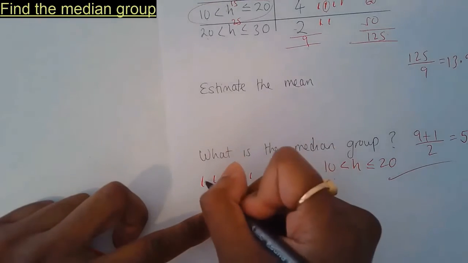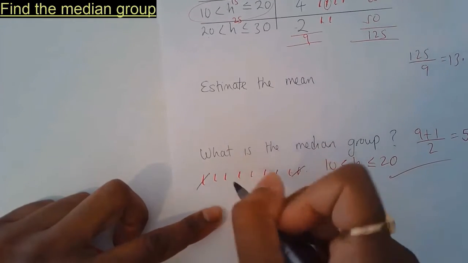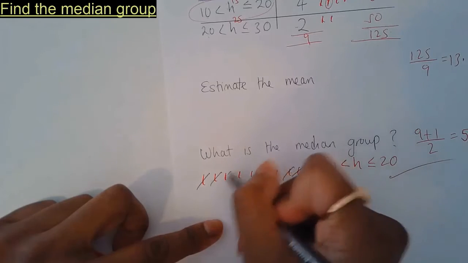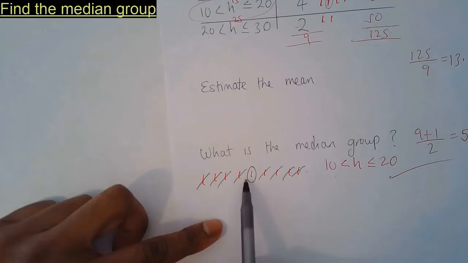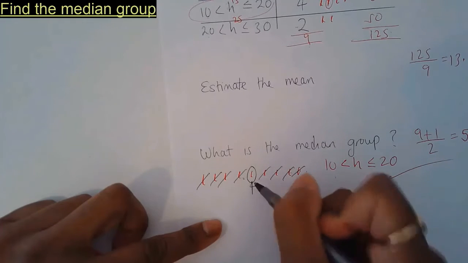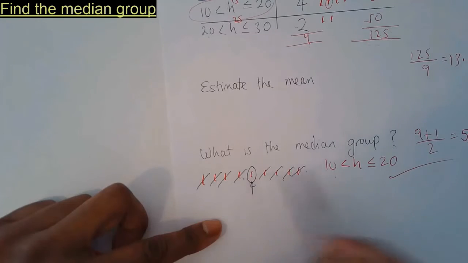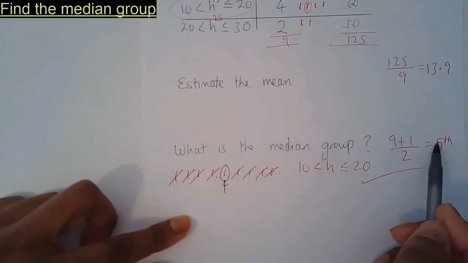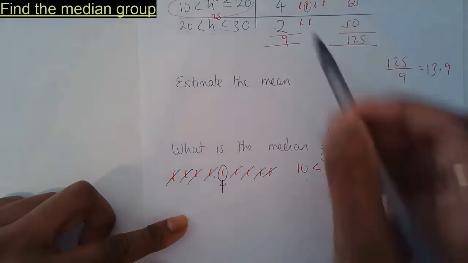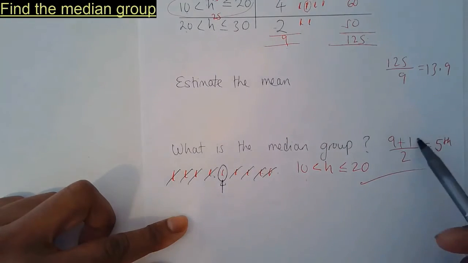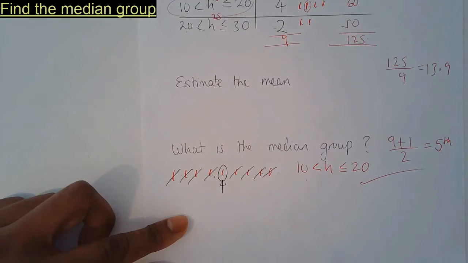There's the middle. Look, there's 4 on this side, 4 on that side. That is the middle. But look at that. That's the 1st, 2nd, 3rd, 4th, 5th value there. This is why it was necessary to total up, add 1 and then divide by 2. Otherwise you wouldn't be able to find the median.